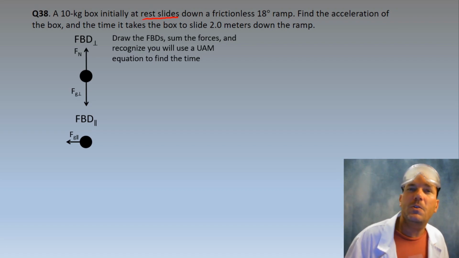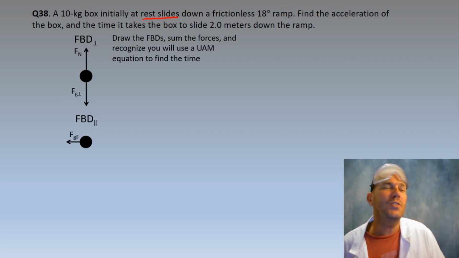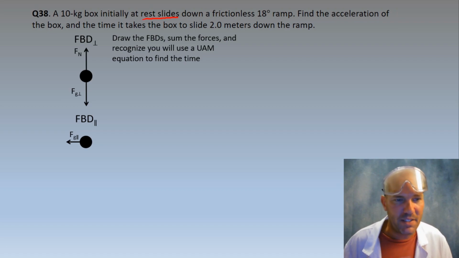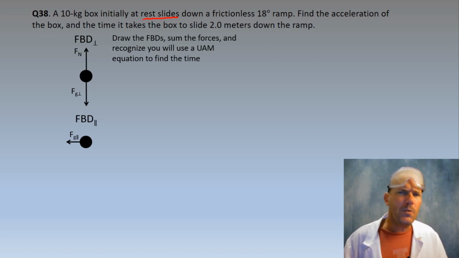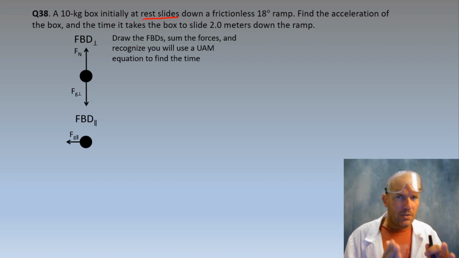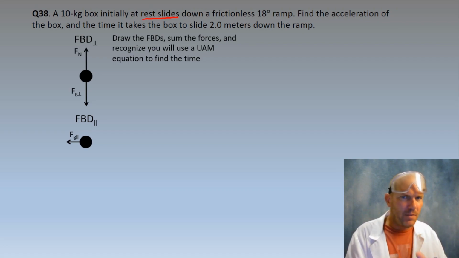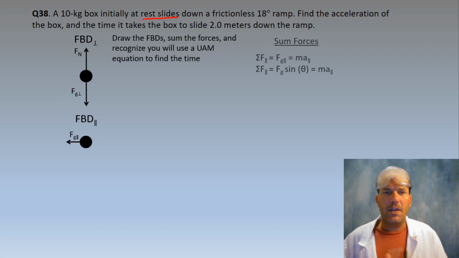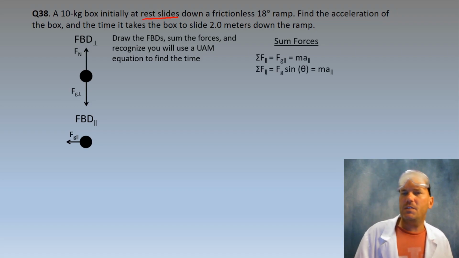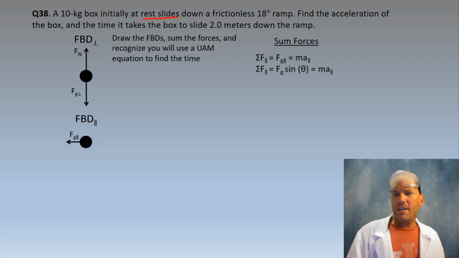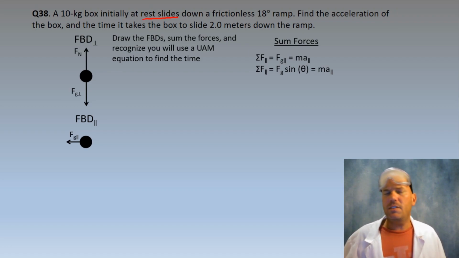So we have force normal equal and opposite in magnitude to the force of gravity perpendicular. We also have one force acting parallel to the incline. We do not have a force of friction, so the only parallel force is the parallel component of the force of gravity. Summing the forces in the parallel direction, the force of gravity parallel is equal to the mass times the acceleration parallel.